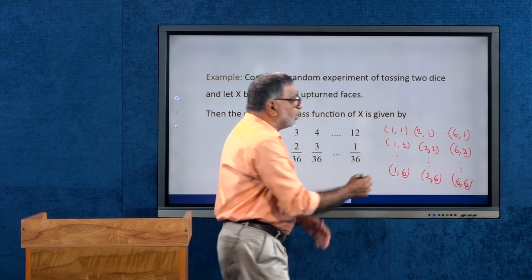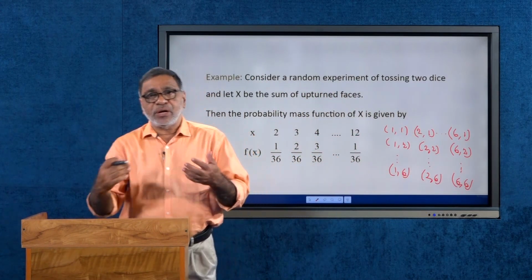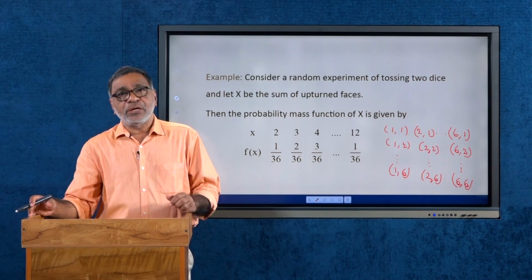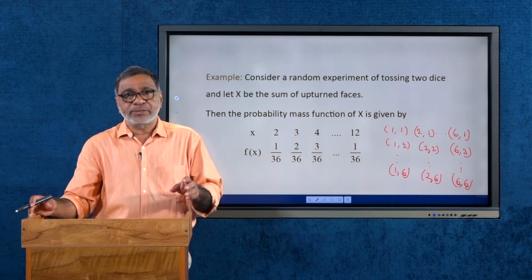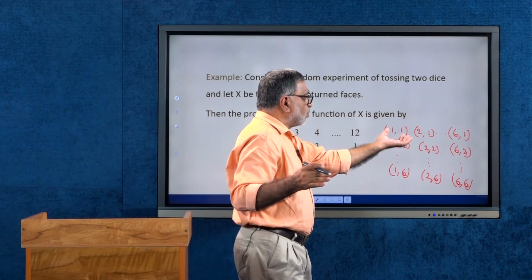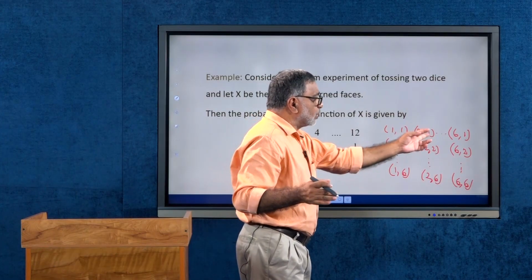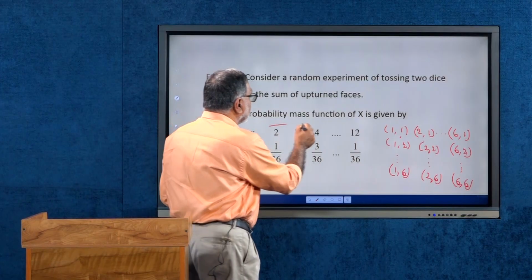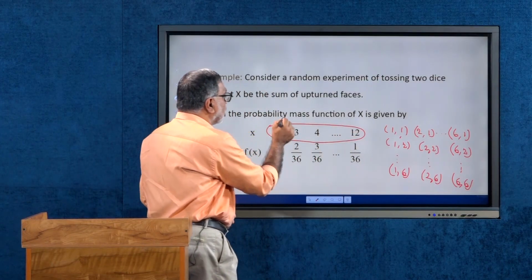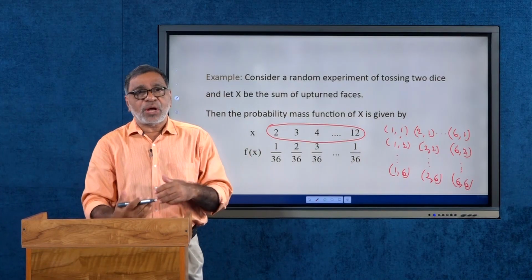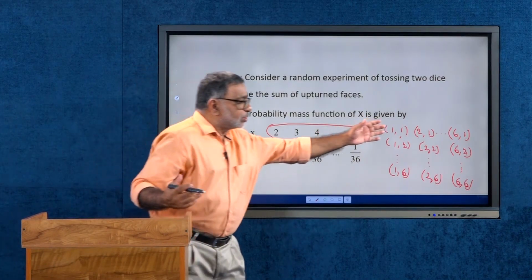So, these are the possible outcomes when we are throwing two dice simultaneously, and let x be the random variable defined as the sum of the faces. Then we have 1 plus 1, that is 2, 2 plus 1, 3, etc. up to 6 plus 6, 12. So, the possible values are 2 to 12, all the values from 2 to 12. And the corresponding probability mass function values we can calculate from this sample space.